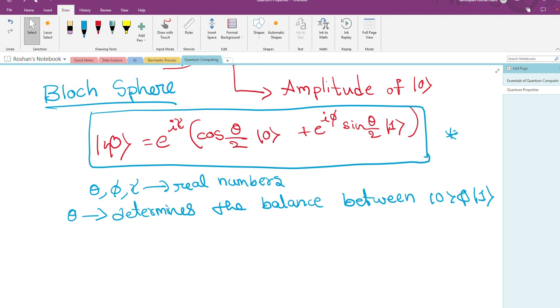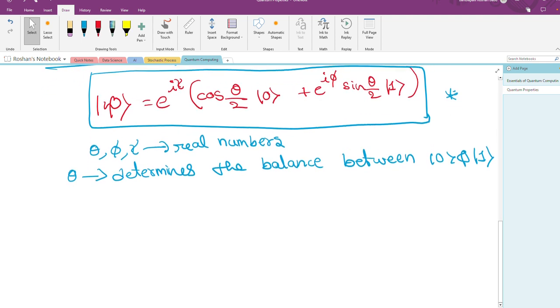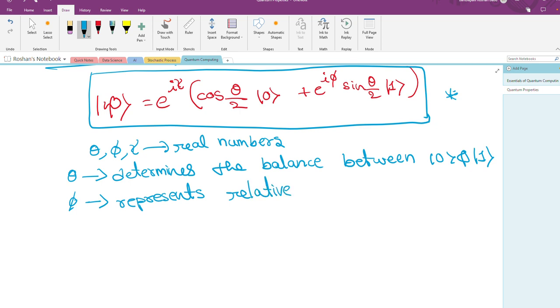Be familiar with the terms when I say the ground state and excited state, don't get confused. Phi represents the relative phase between ground state and excited state.